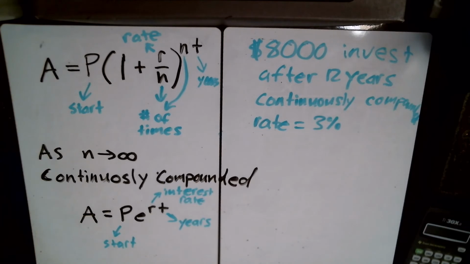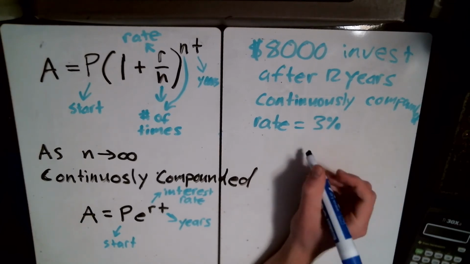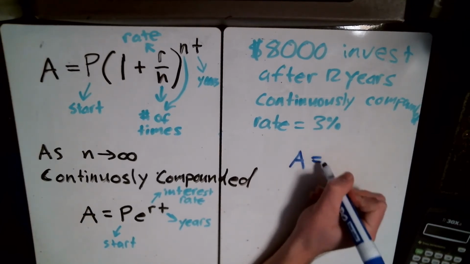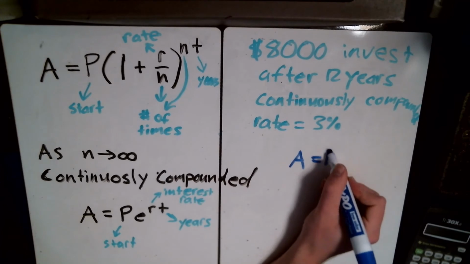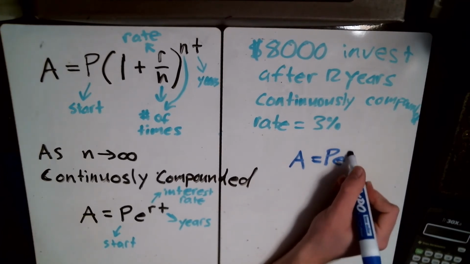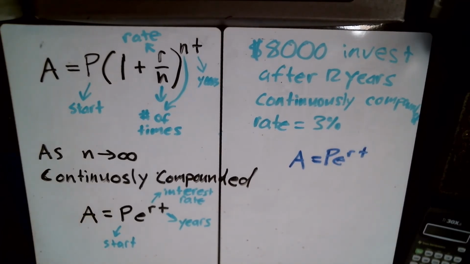So how do we find how much money we would have after 12 years with continuously compounding interest at a rate of 3%? We're going to use our happy little formula, A equals P e to the rt. It's such a pretty formula. Essentially all we have to do here is plug in the values.